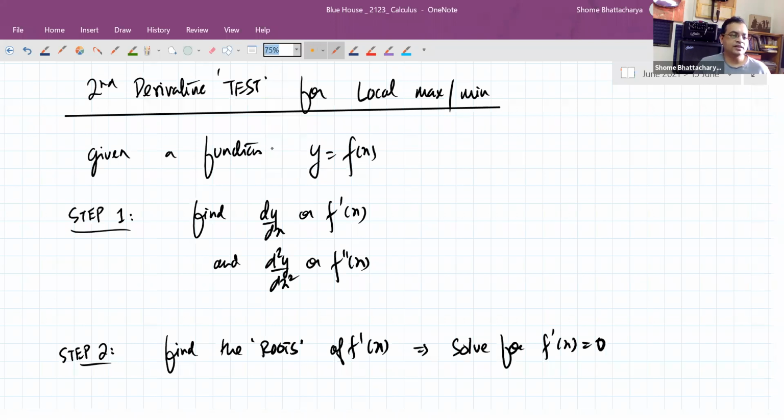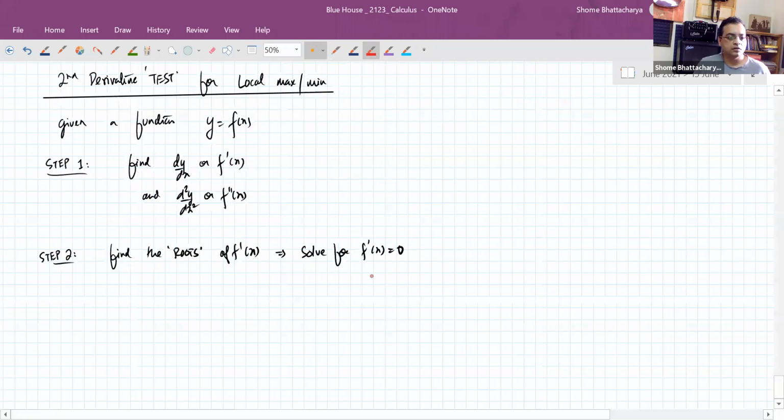So the values of x at which f prime x is equal to 0, these values are called the roots of f prime x.